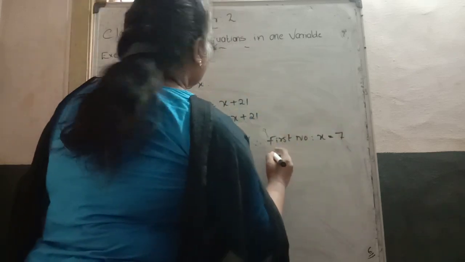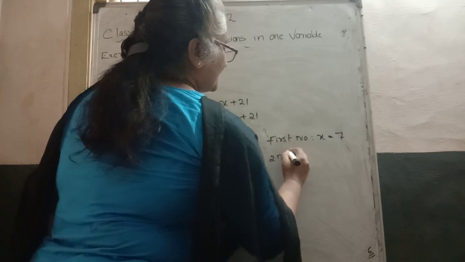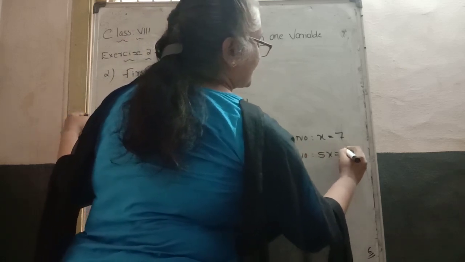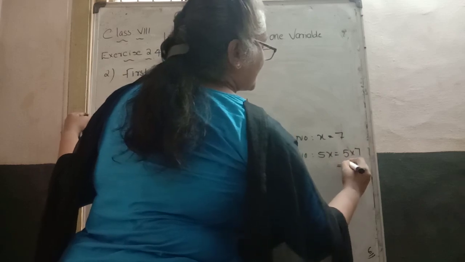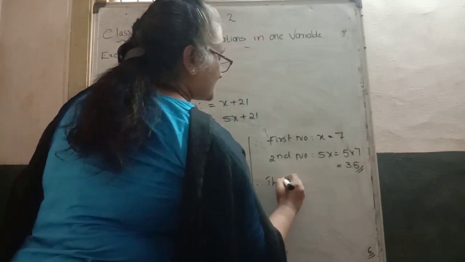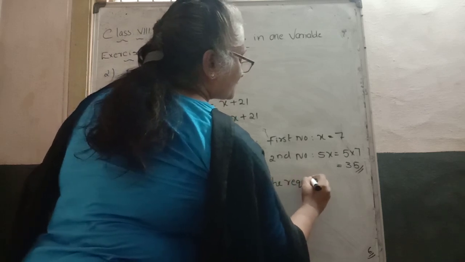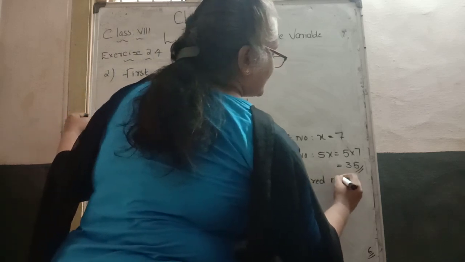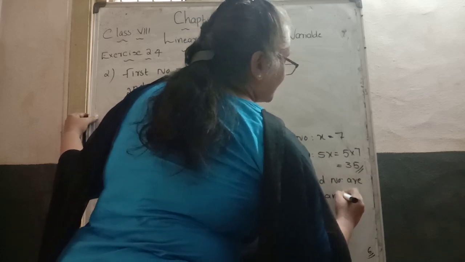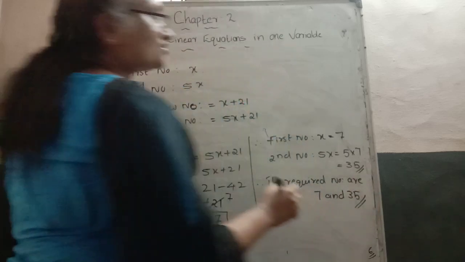Then the second number, how is it? We consider the expression 5x, that is 5 into 7. 5 sevens are how much? 35. Therefore the required numbers are 7 and 35.